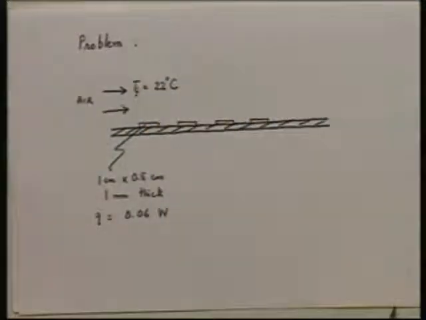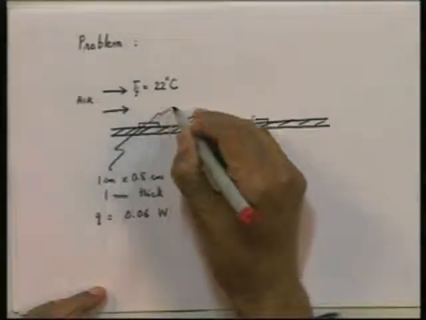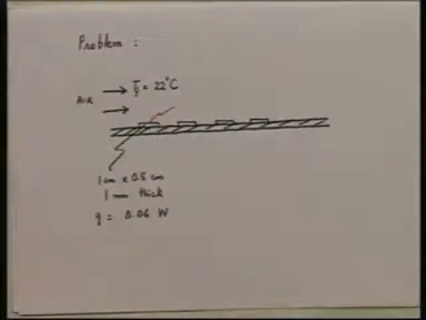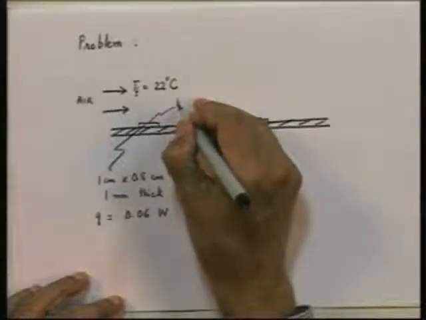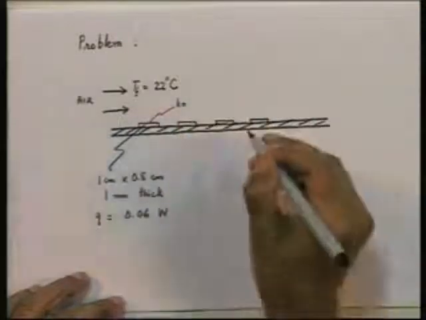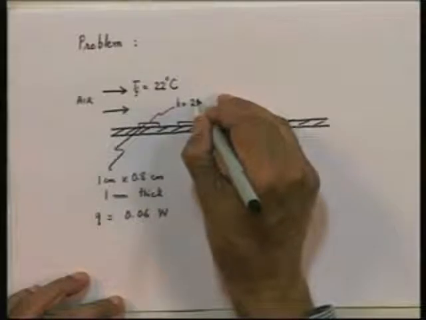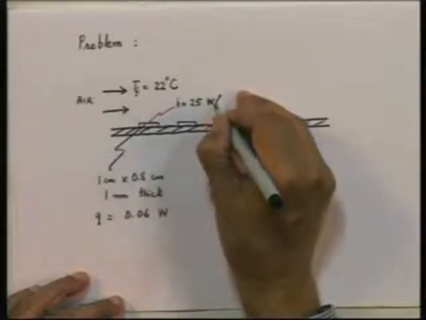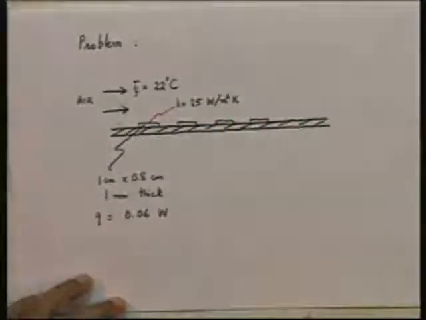All right. You are told that the value of h at the surface of this chip, the heat transfer coefficient, is 25 watts per meter squared Kelvin. That is the value of h.